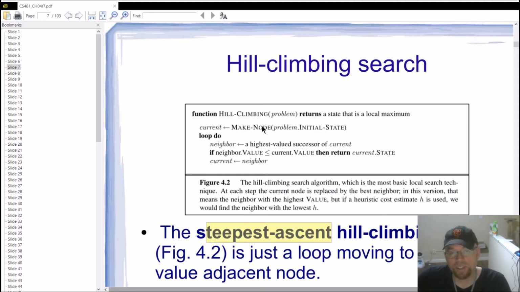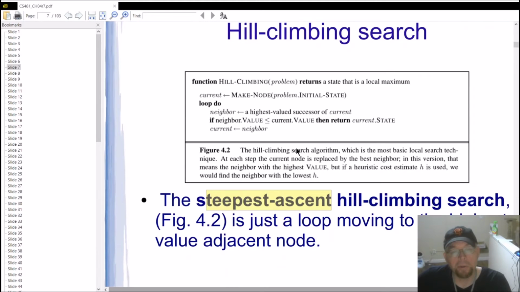As this is written, this is the steepest ascent version, but we're going to see some modifications on this. This is just a loop moving to the highest valued adjacent node, okay? So this is hill climbing, but it's also the steepest ascent hill climbing because it's always going to the highest valued adjacent node or successor node.